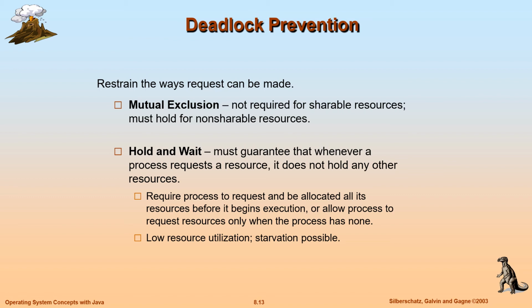Require the process to request and be allocated all its resources before it begins execution, or allow the process to request resources only when it has none. This gives low resource utilization, and starvation is possible.